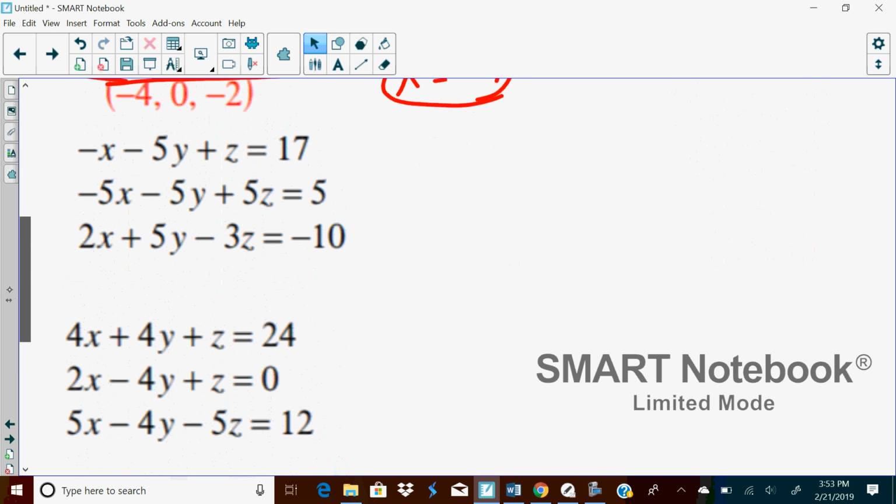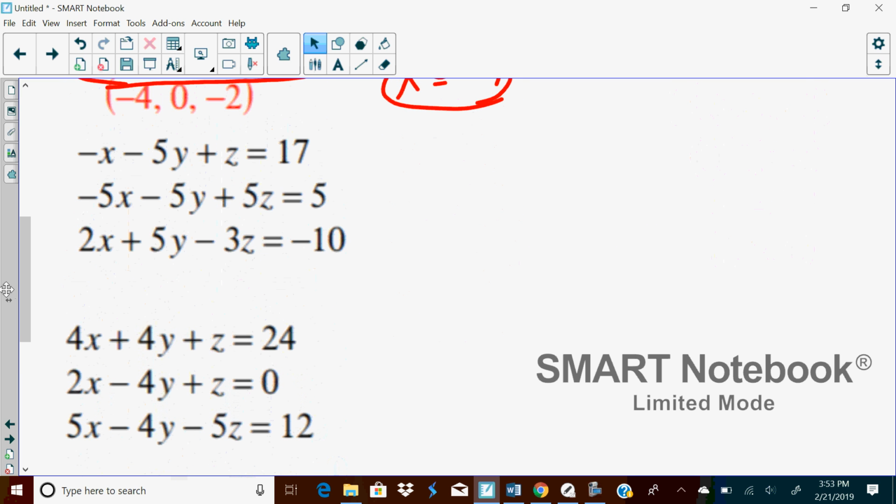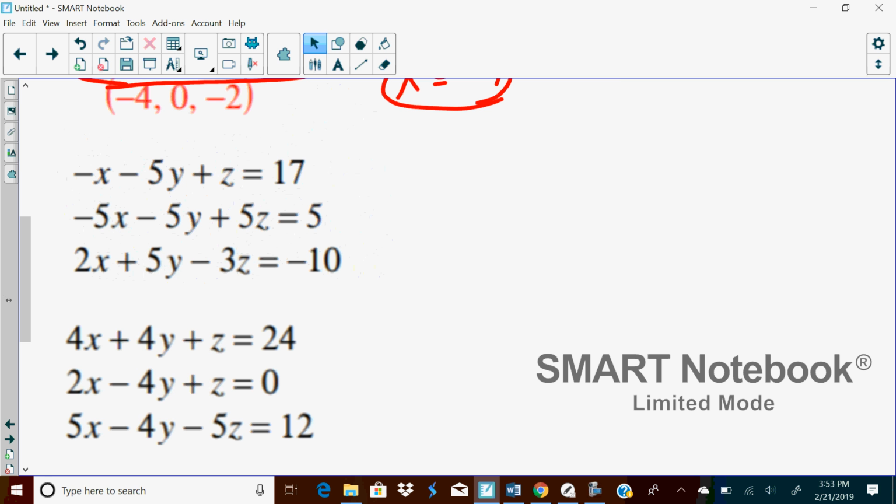For the next one, I combined, let's see, negative 3x. Oh, sorry. First I combine these two.